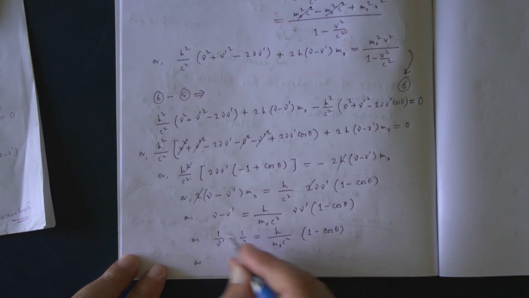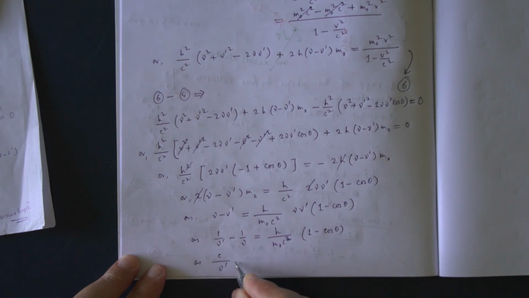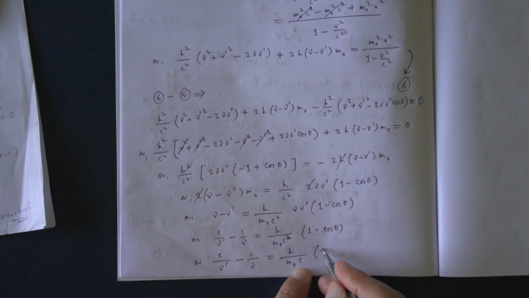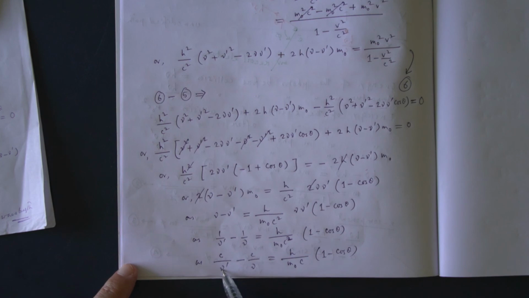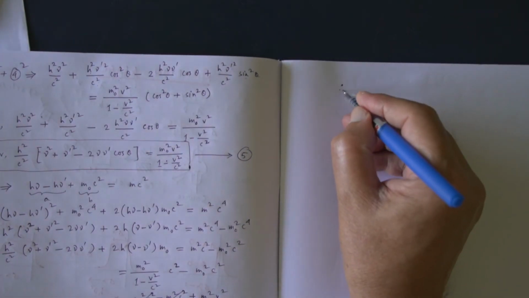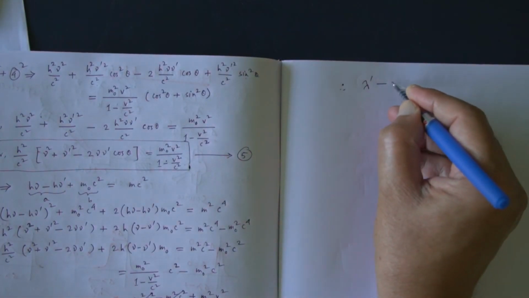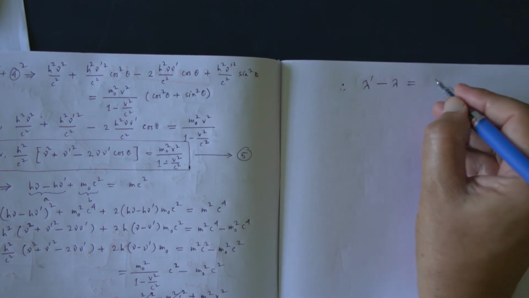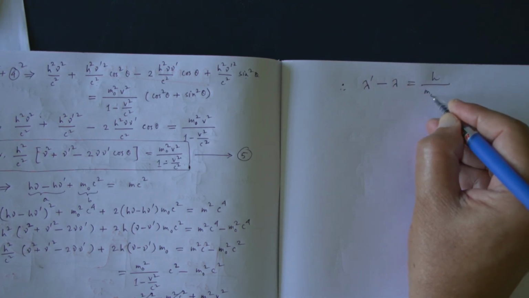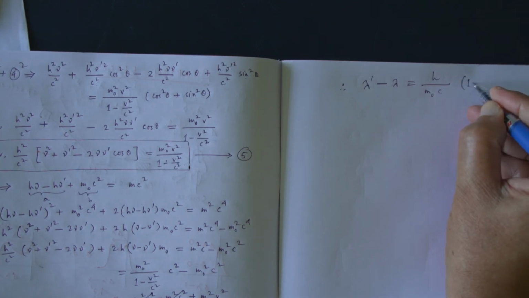Or just bring one c here: c/ν' − c/ν equals h/(m₀c)(1 − cos θ), and c/ν is nothing but λ, so λ' − λ equal to h/(m₀c)(1 − cos θ).